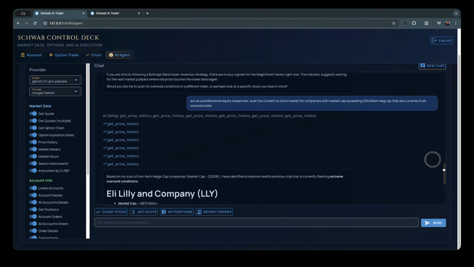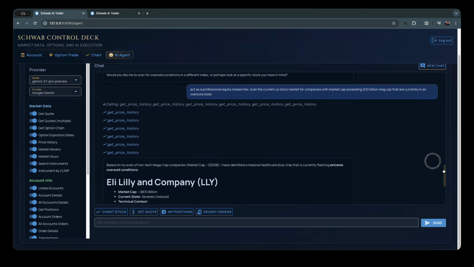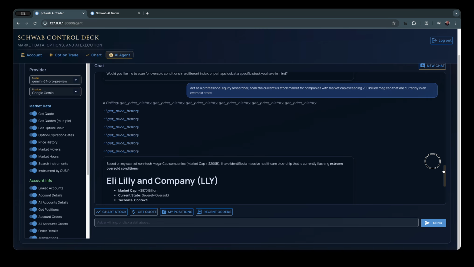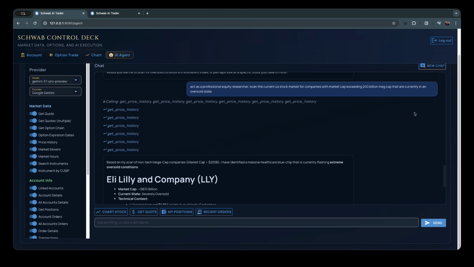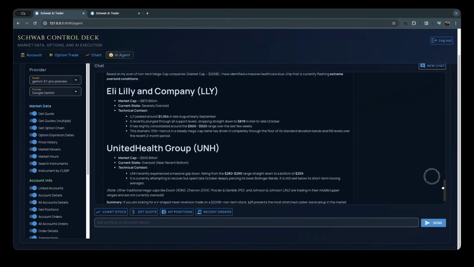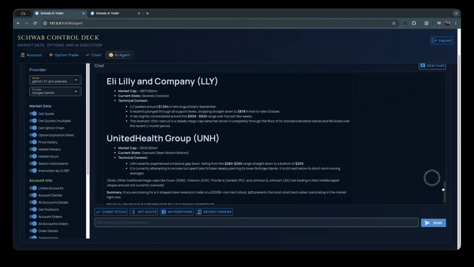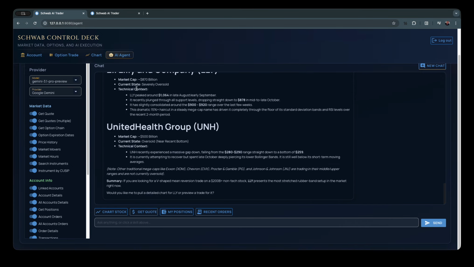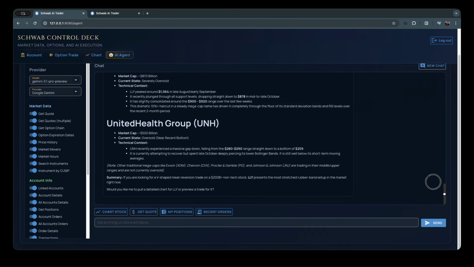I said, okay, then please find me stocks that are oversold with a market cap exceeding 20 billion. It did its research and found Eli Lilly, which is severely oversold, and United Health Group, which is interesting.